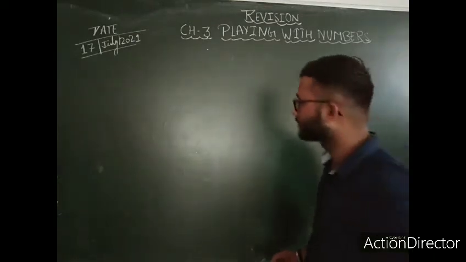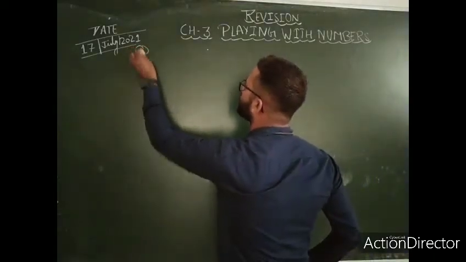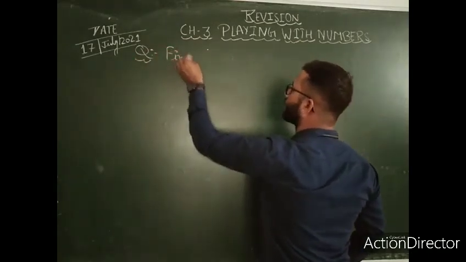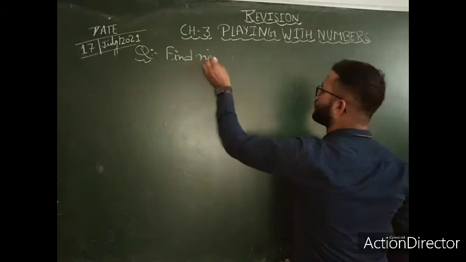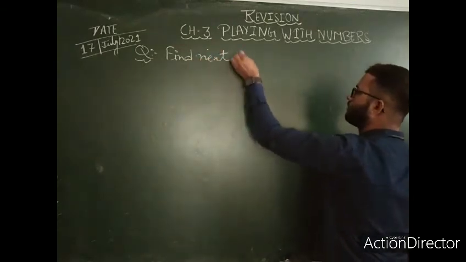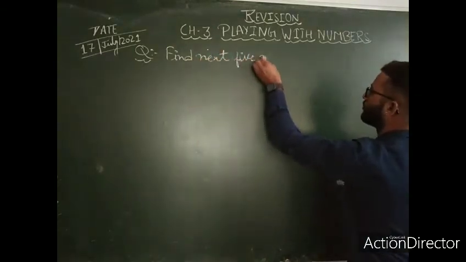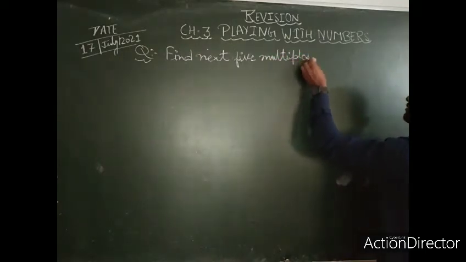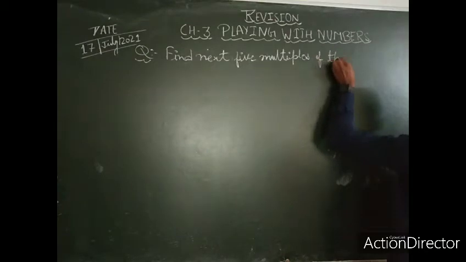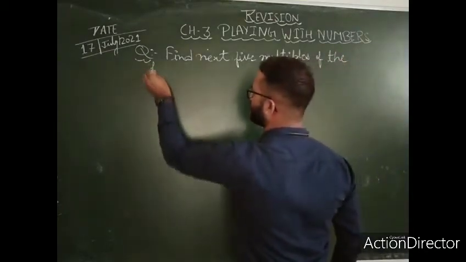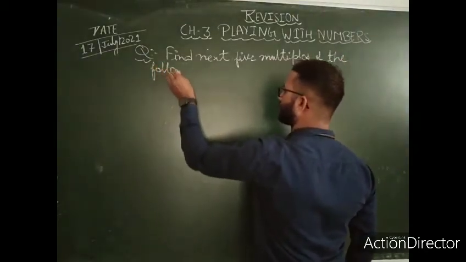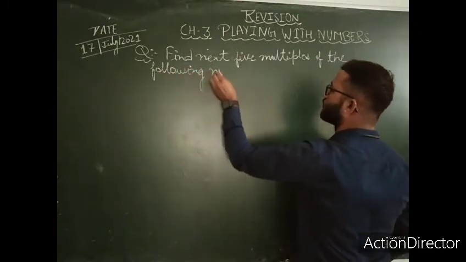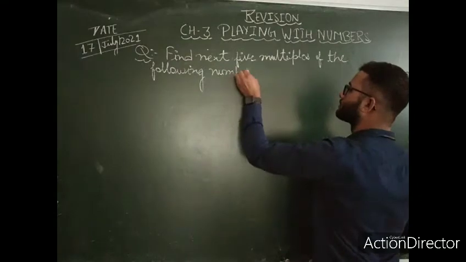So the question is, find the next 5 multiples of the following numbers.